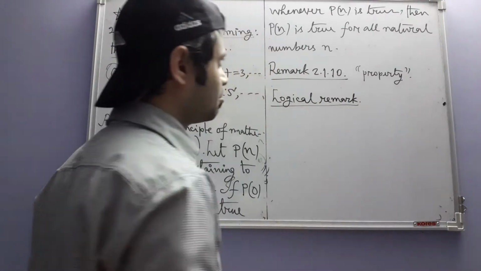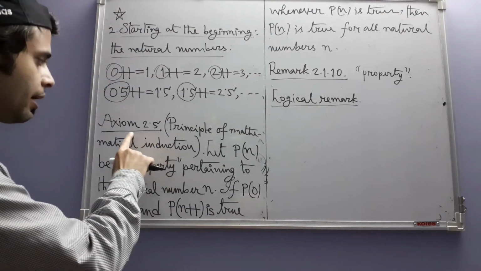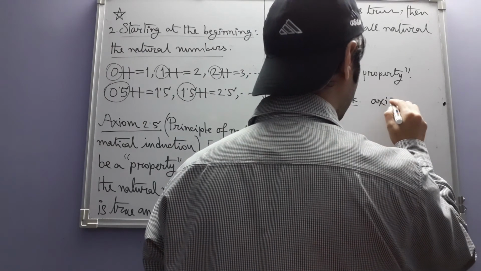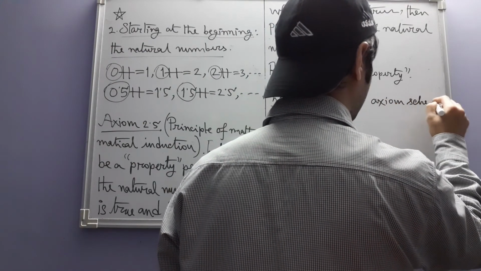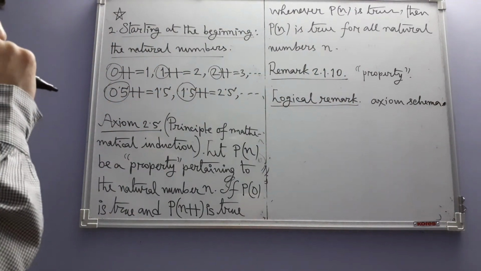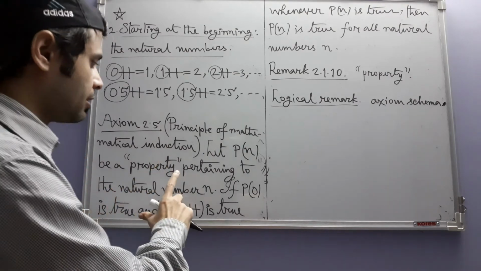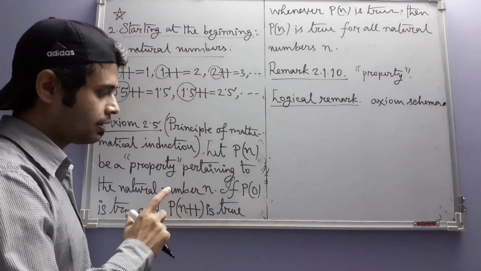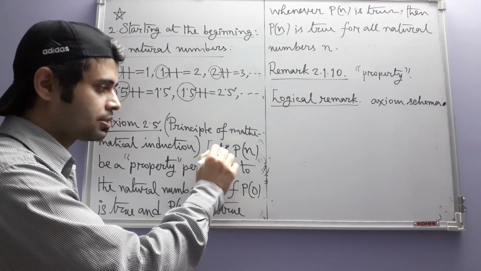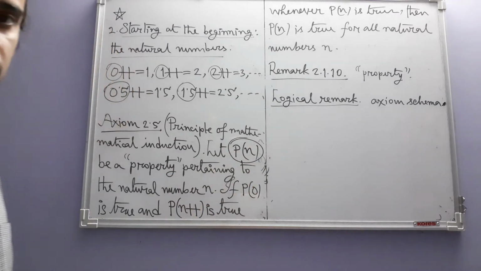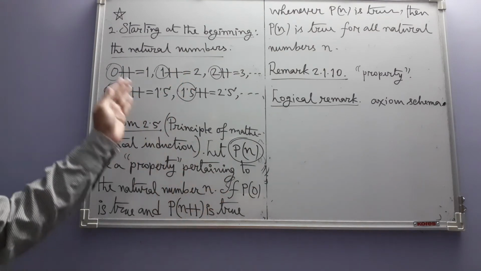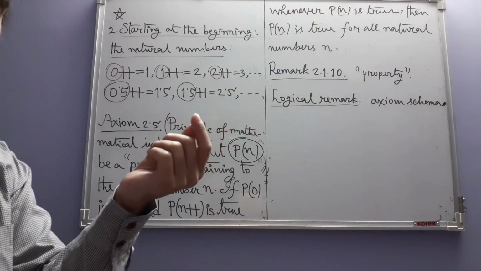And that logical remark is that instead of calling axiom 5 an axiom, actually it should be called an axiom schema, which is slightly different from an axiom.